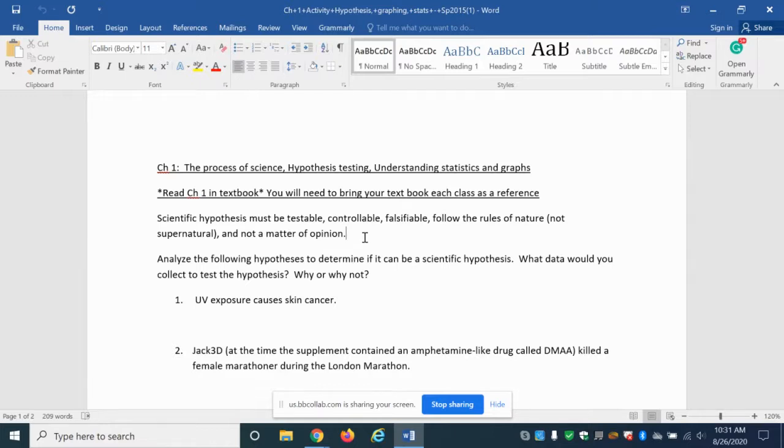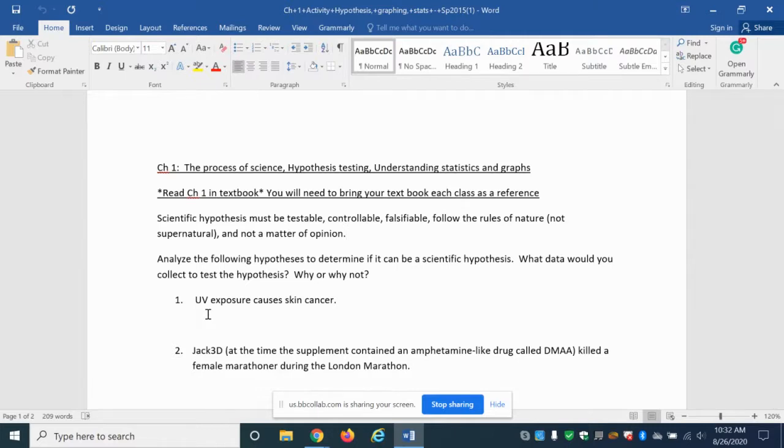So in this document, you can type directly into this document, and you can upload one file for the lab. You could also upload 2 different files, your responses to these activities, as well as your graph that you're going to make. So when you get down to these statements, UV exposure causes skin cancer. So that is a statement.